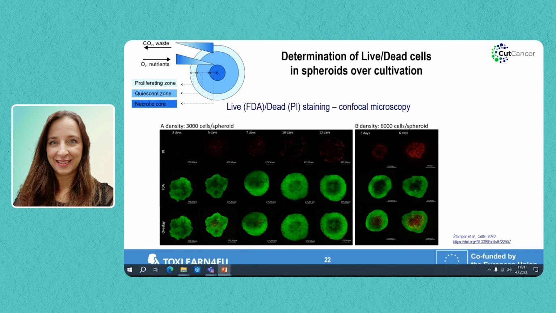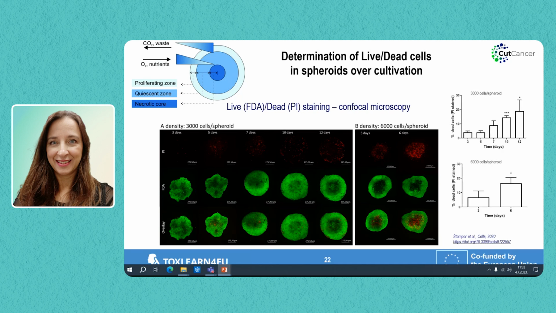Here, no propidium iodide, and this FDA stains the viable cells. So you can see that maybe we can have some imagination, but not much of dead cells. While in the 6,000 cells, these larger spheroids, after 6 days we can observe maybe some red necrotic core.